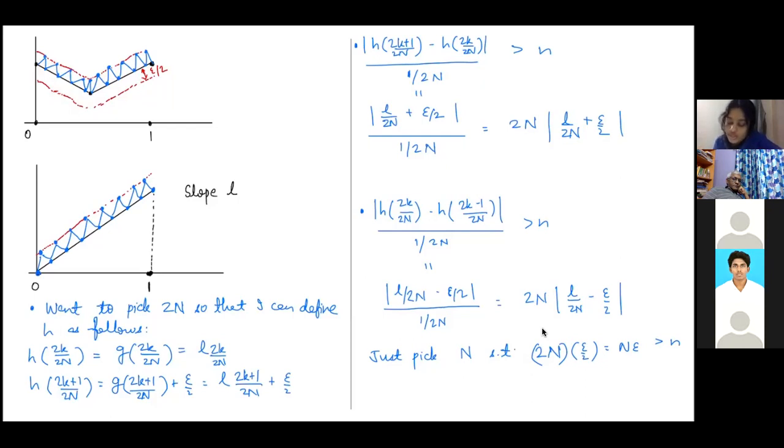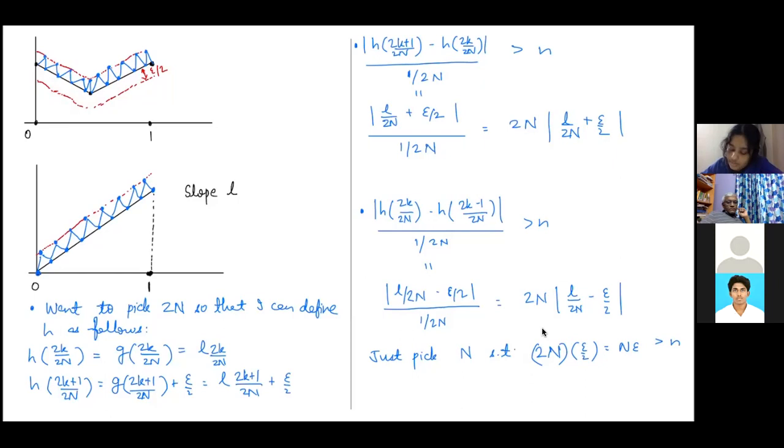Now, similar to how we found G, we'll construct h in a very similar way. On each segment, we'll pick these blue points, at which, at every other point, we'll let h coincide with G. At the other points, we'll let it be just G plus epsilon by 2.